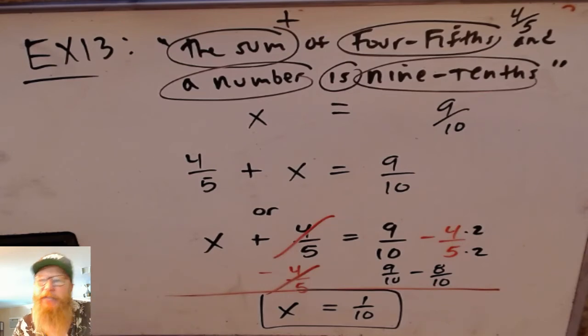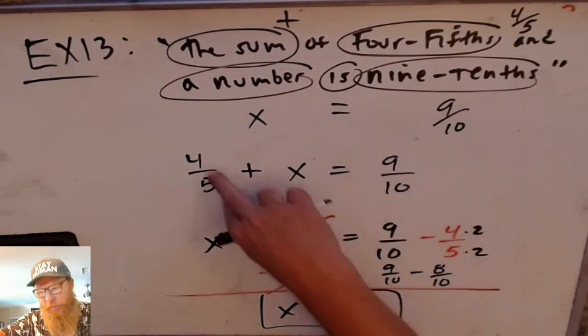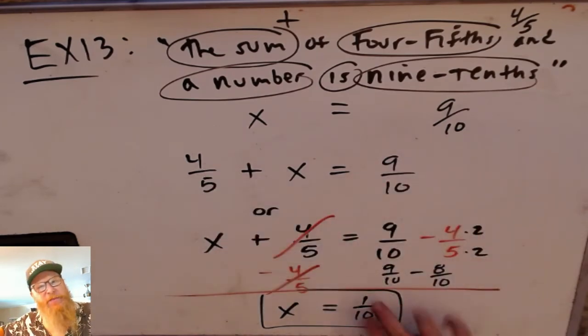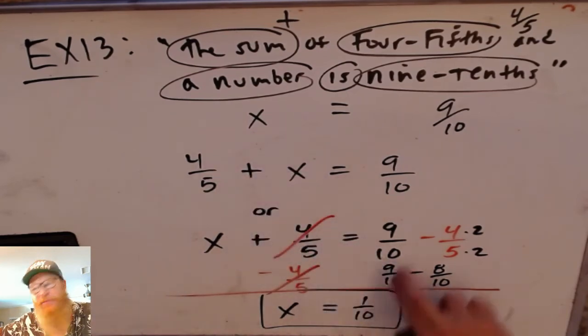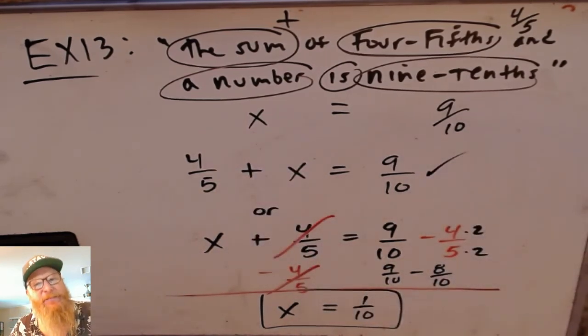Again, if you wanted to check your answer before I end this lesson, you could just add 4/5 and 1/10. I'll leave that as a do-it-yourself. If you add 4/5 and 1/10, you will, in fact, get 9/10. 4/5 plus 1/10 is 9/10.